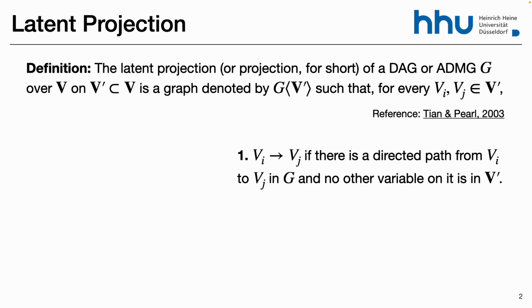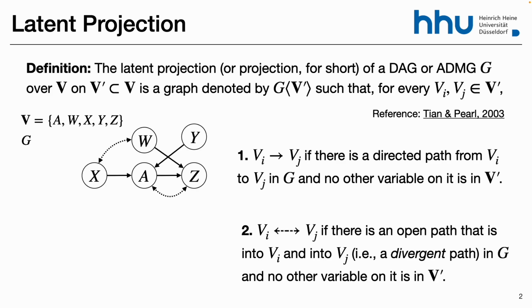First, I don't know why the graph is not appearing. Let's show the graph here. So first, for every edge Vi to Vj, if this edge was in G here, but no other variable on this path. So that is a path, not actually an edge.